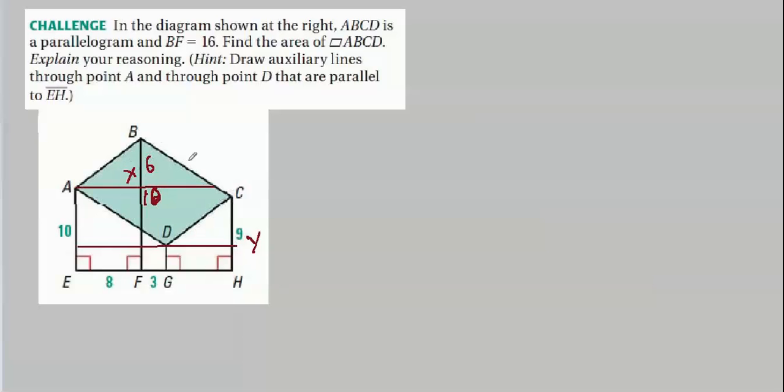This ABCD is a parallelogram, so once again, this side is congruent to this side. Well, okay, we've got two sides congruent. That's good. What about the angles here? Let's say this angle and this angle.